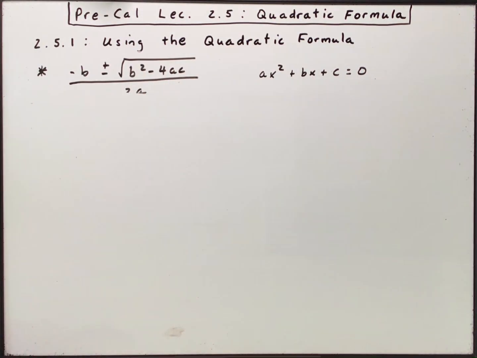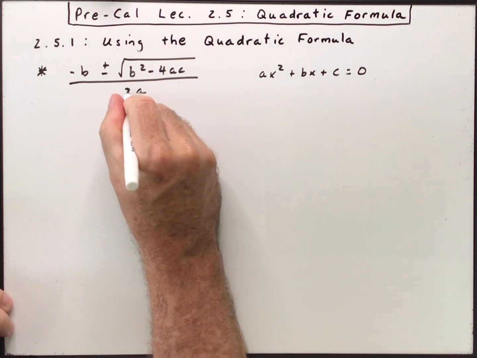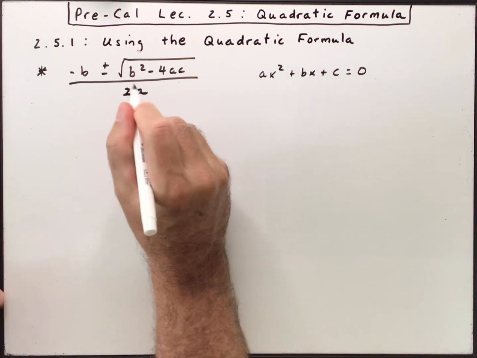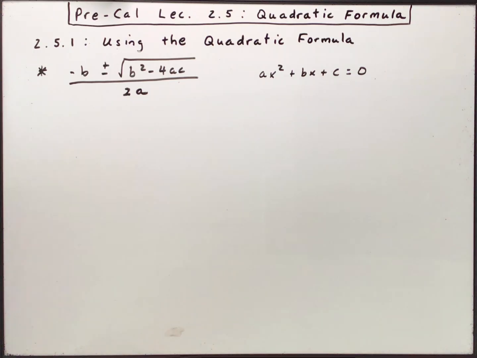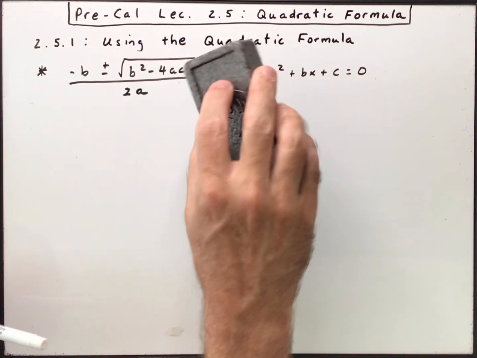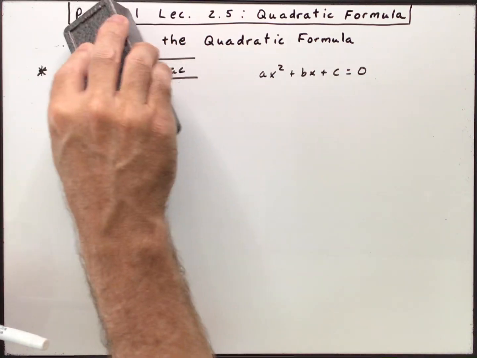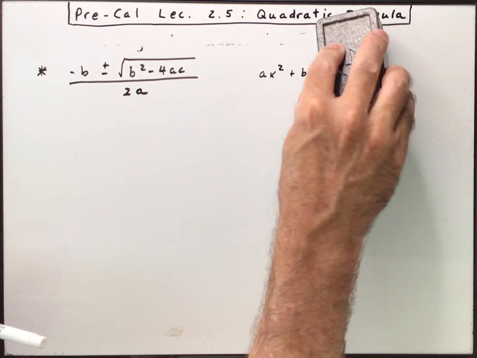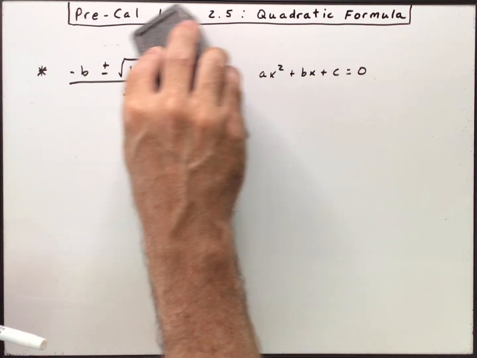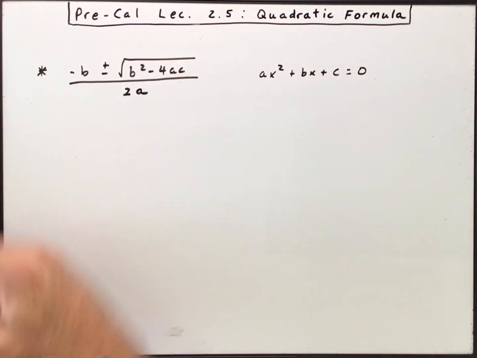All right. Erase part of my formula there. Okay, this is a real short lecture, so I've got a section 2.5.2. I'm going to leave the quadratic formula up there.